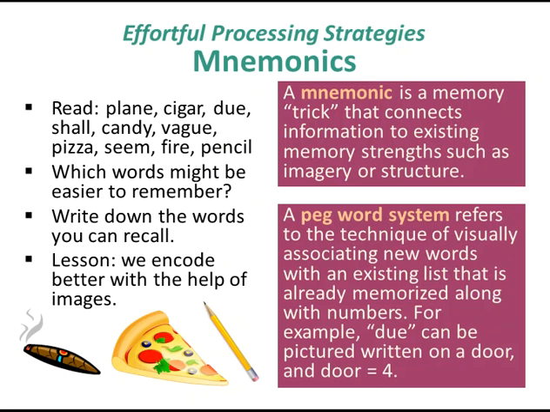A peg word system refers to the technique of visually associating new words with an existing list that is already memorized, along with numbers. For example, "do" can be pictured written on a door, and door equals 4.